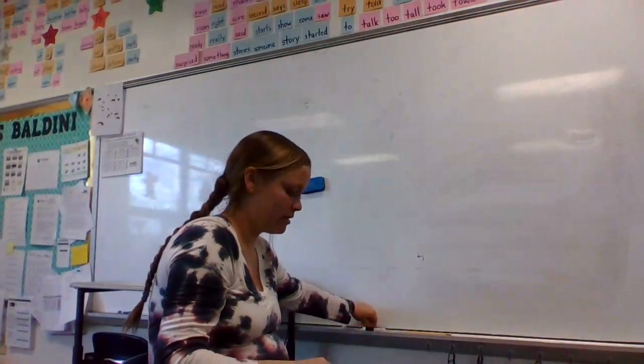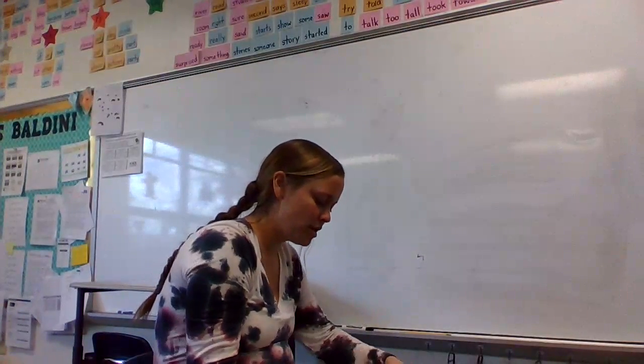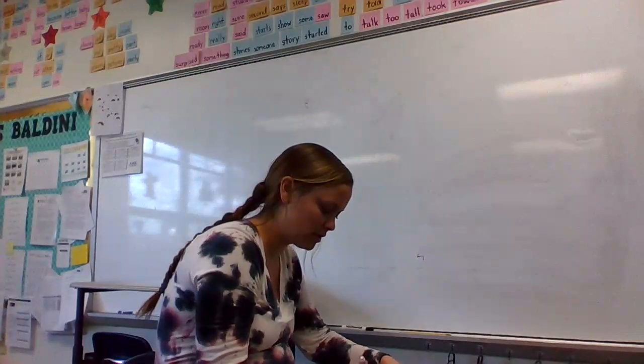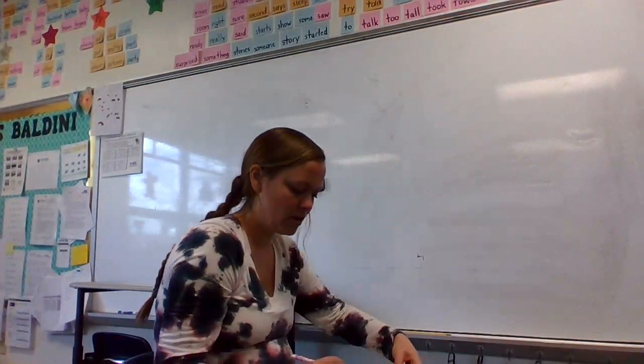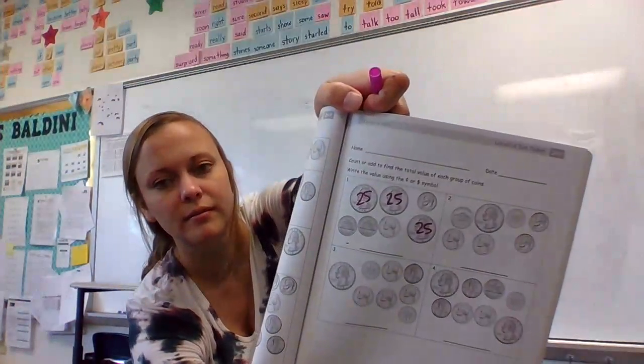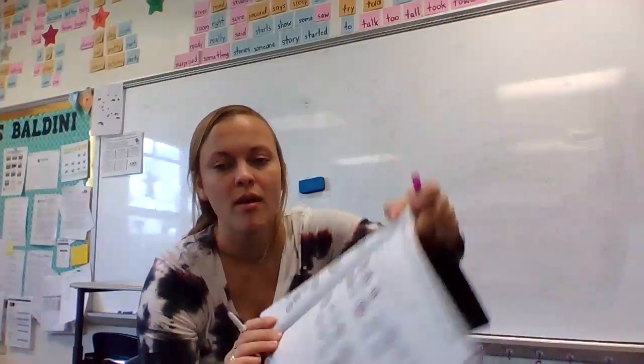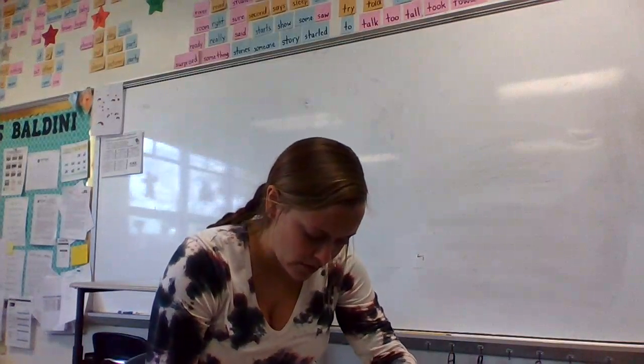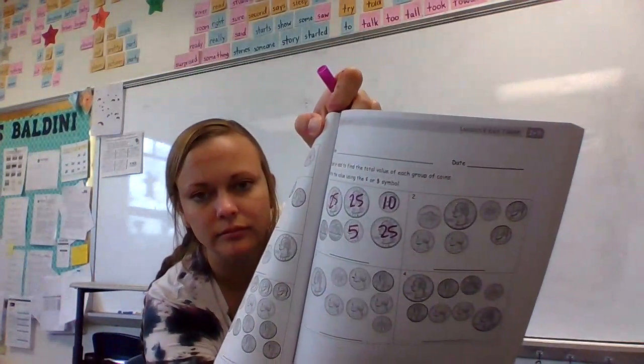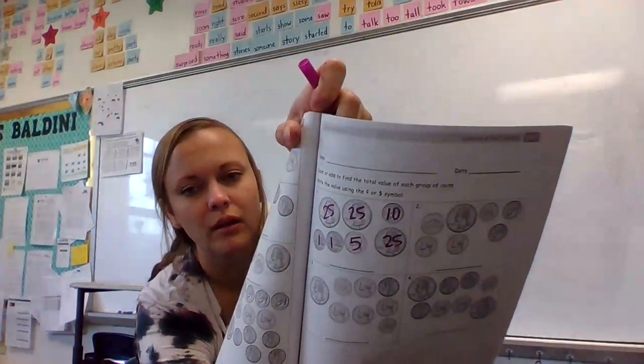Number 1 on your exit ticket. We have 1, 2, 3 quarters. So I'm going to write 25 on my quarters like this. Then we have a dime. And then I see 1 nickel and 2 pennies. All right.